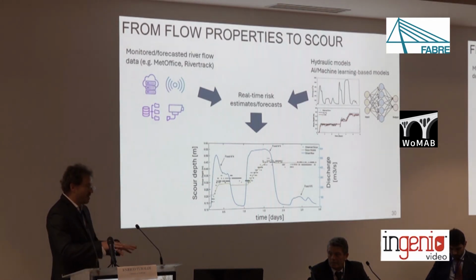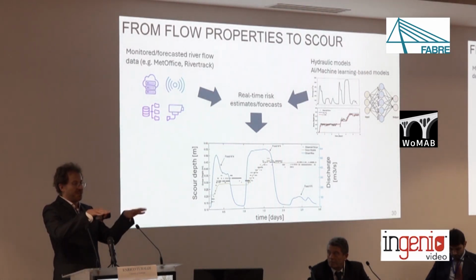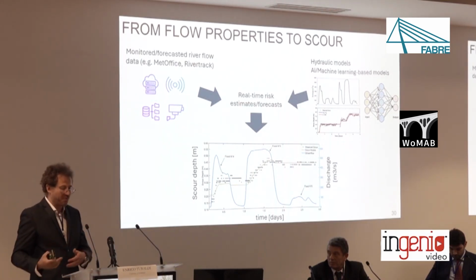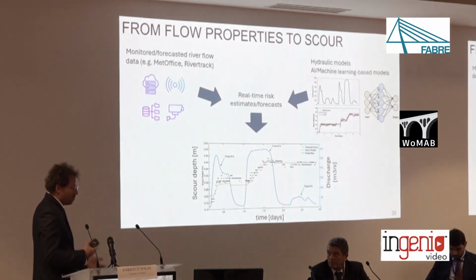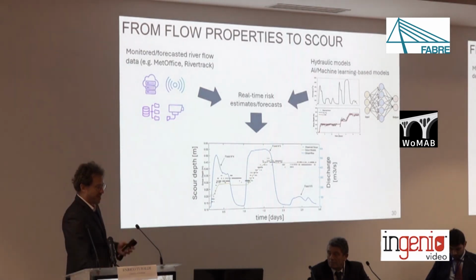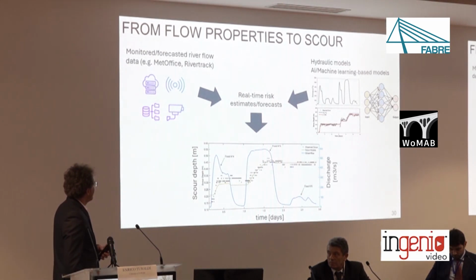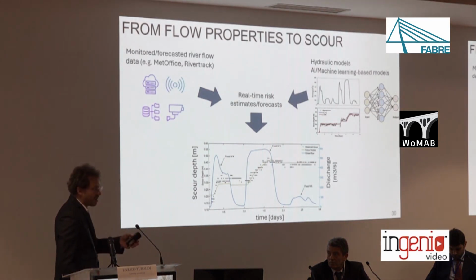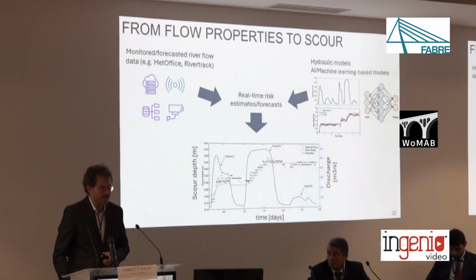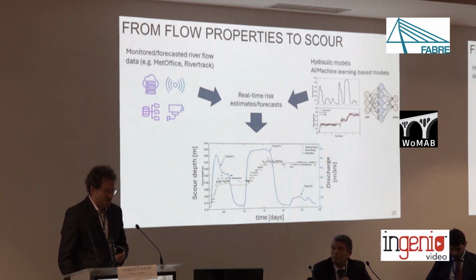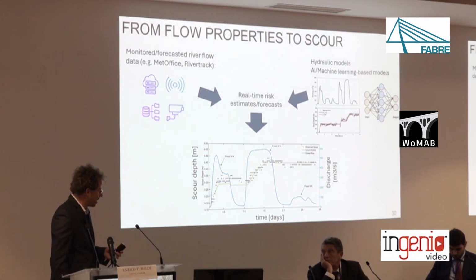But when we have information only on the surface of the water, so water depth and velocity, obviously we need to complement this information with some modeling for inferring scour at the riverbed. And so we are resorting to either hydraulic models, advanced hydraulic models, such as the one developed by colleagues of mine, Pizarro and Oscar Link in Chile.